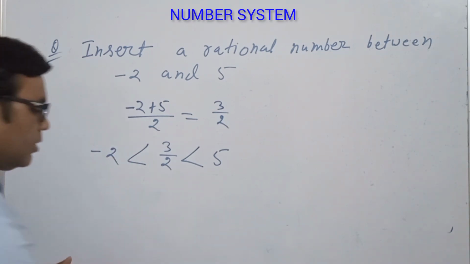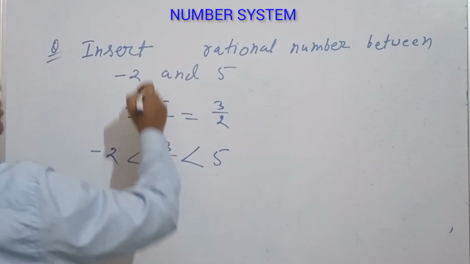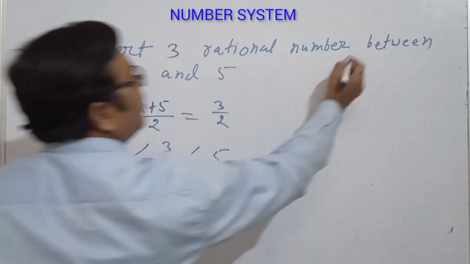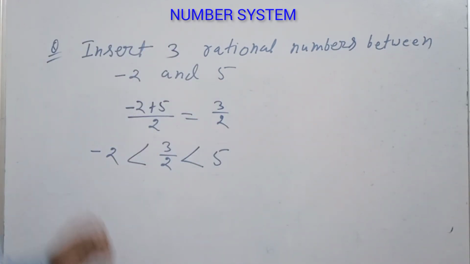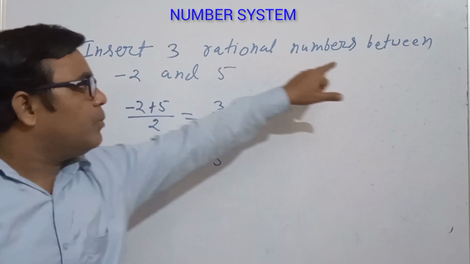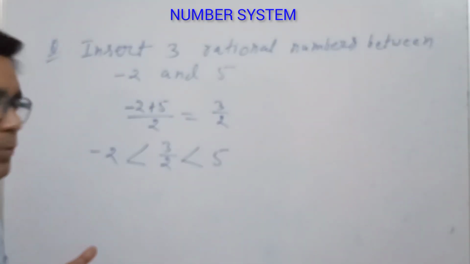Next example is insert three rational numbers between -2 and 5. If you are asked to insert three rational numbers between -2 and 5, then what can we do?